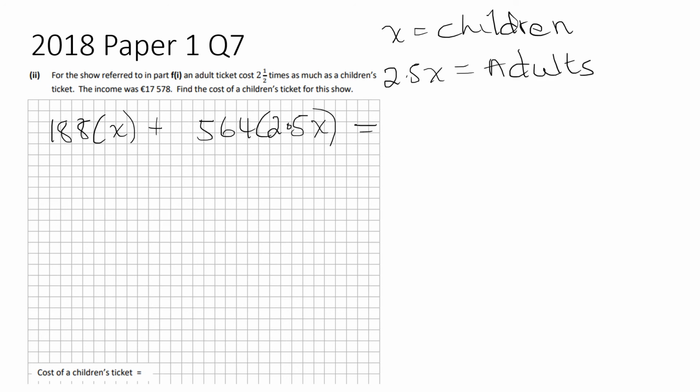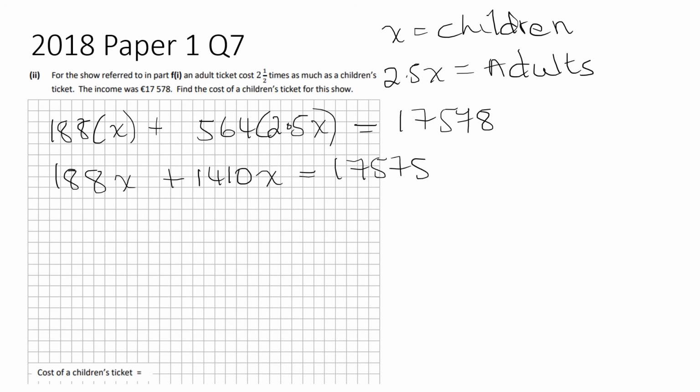So when we add those two together, we should get a total of 17,578. So what I'm going to do there is simplify it. So that's 188x plus 564 by 2.5, which is 1410x. What we're going to do now is add these two together.